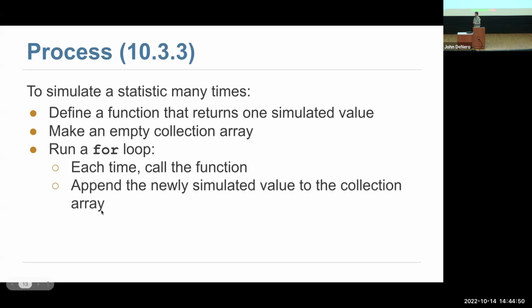It also exists just in a case where you want to estimate the probability of something, like what's the chance that when you roll a die, you get either a 3 or a 4. You could write a function that tells you in one roll of a die whether you got a 3 or a 4. You could call it a bunch of times and figure out what fraction of the time it came out true.